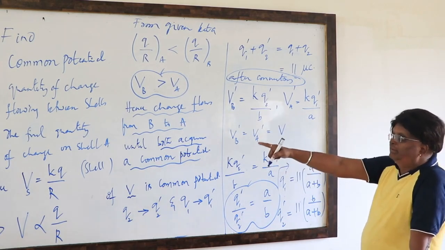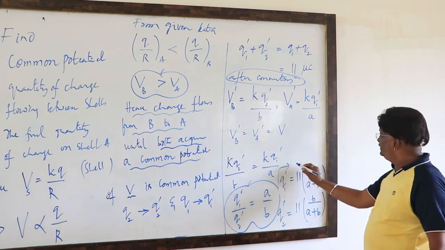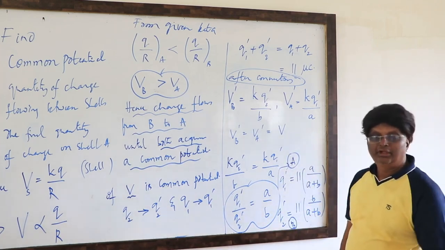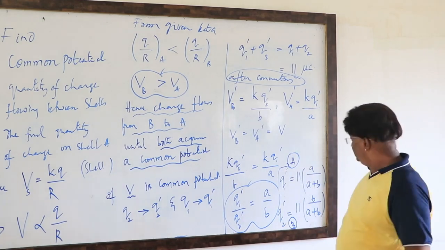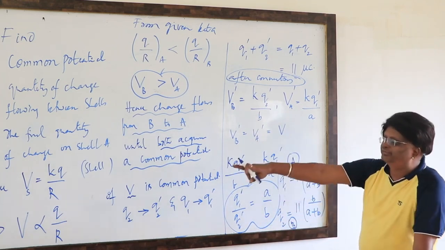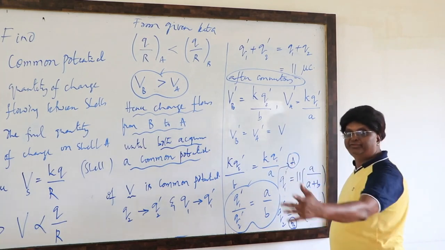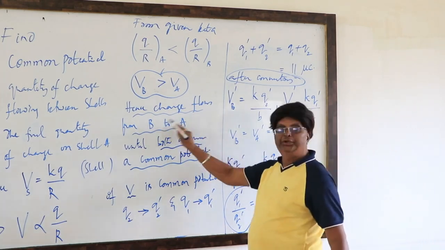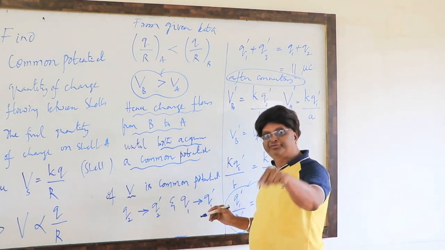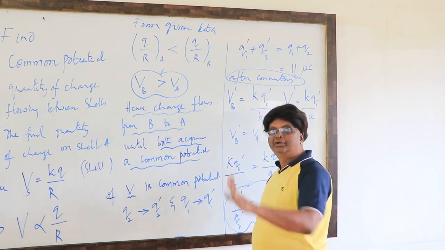First we got the final charges: the final quantity of charge on A, and on B. After that, whatever difference is there, earlier we said it is from B to A. Now in this example, Q2 dash will be less than Q2, and Q1 dash will be more than Q1, because it is from B to A. Therefore what is that difference? Q2 minus Q2 dash, or else Q1 dash minus Q1.